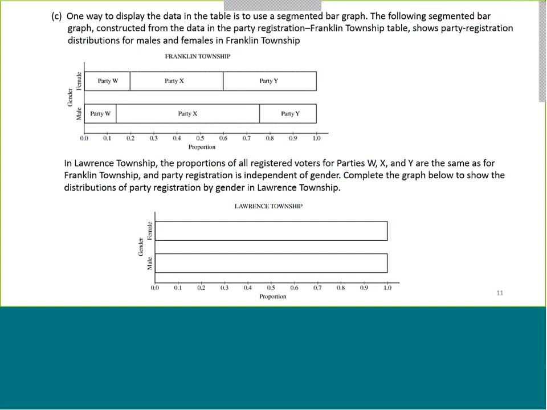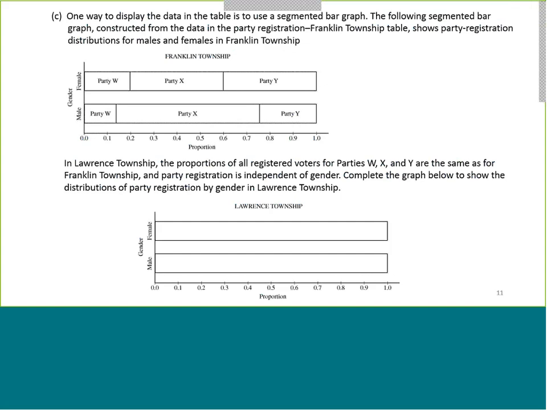Previously, they asked about, is party Y, that is, I'm a member of party Y, independent of I'm male? Those are events and refer only to one category in each of the two variables. So male on the gender side and party Y on the party side. Now they're asking, are the variables themselves independent?